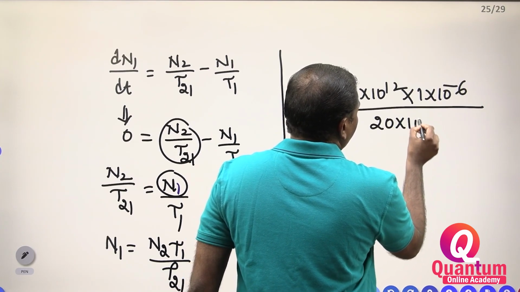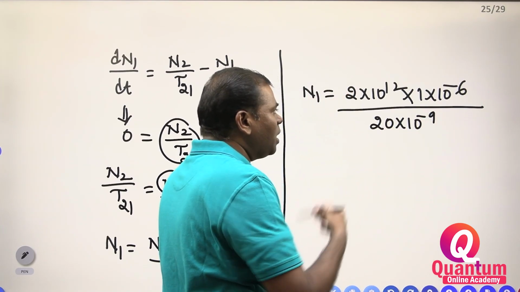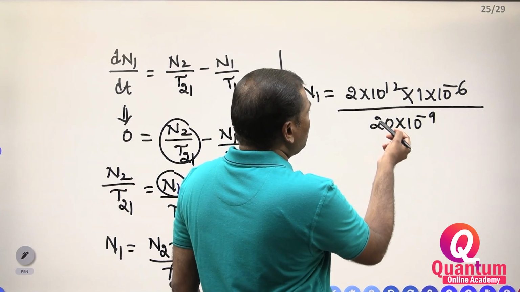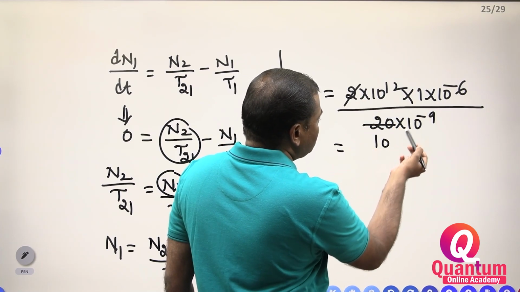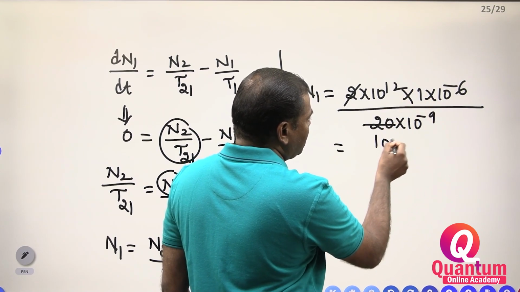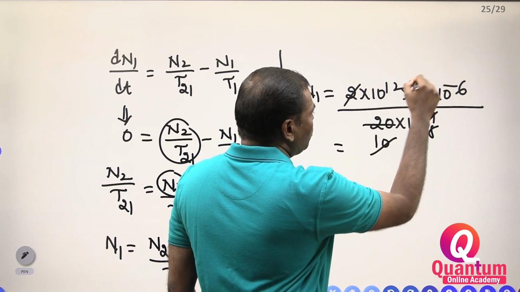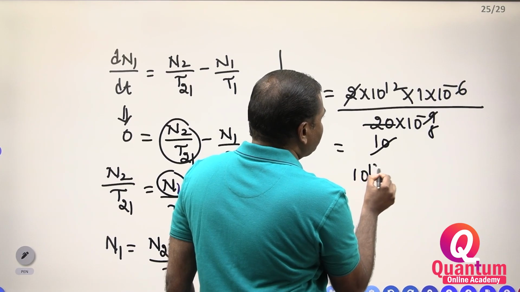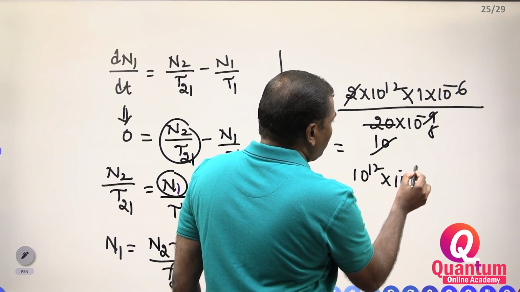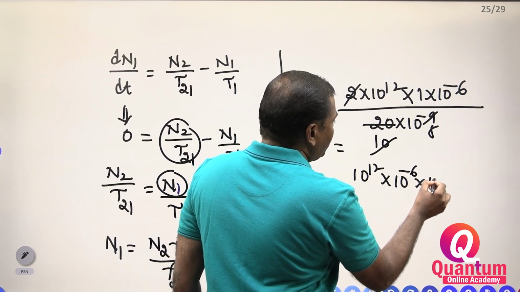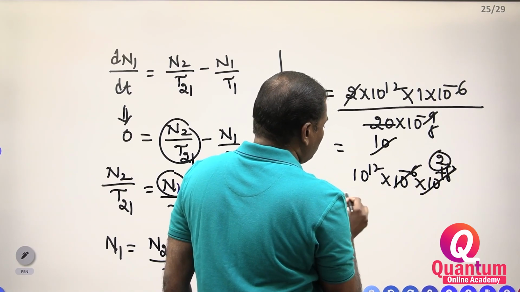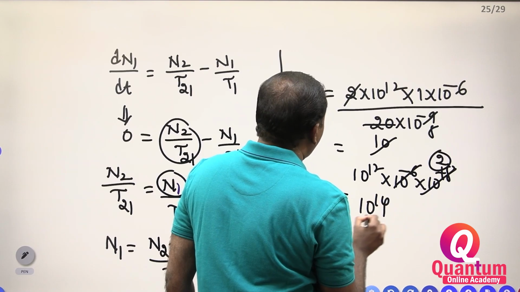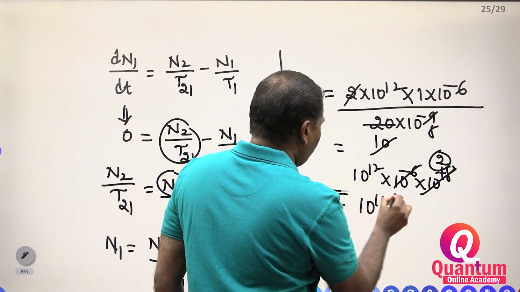This gives 10 to the power of minus 8 in the denominator, so 10 to the power of 12 into 10 to the power of minus 6 into 10 to the power of plus 8. Now it goes to 10 to the power of 2, so 10 to the power of 14 you are getting. This is the N1 value.